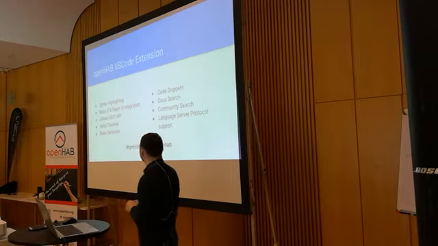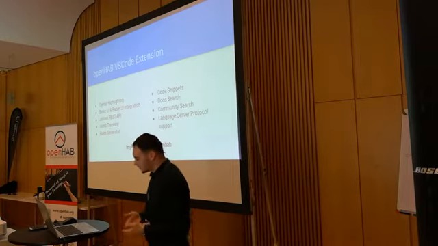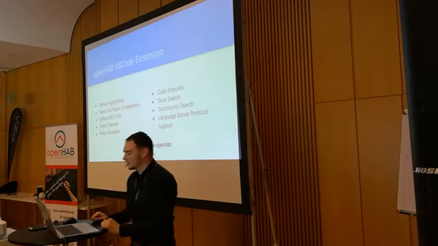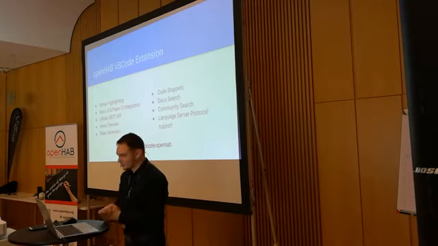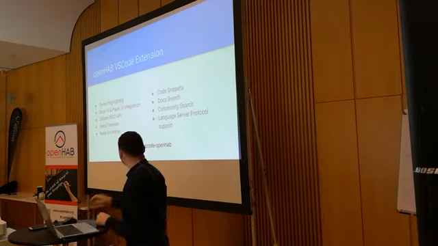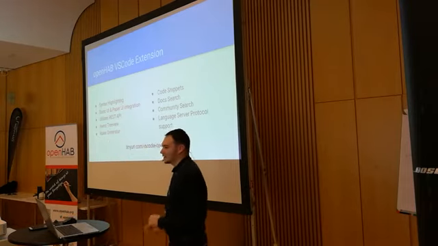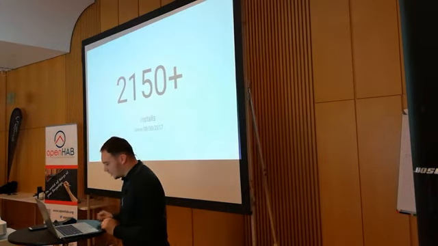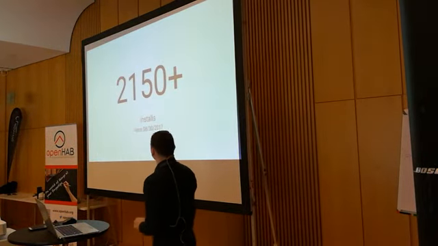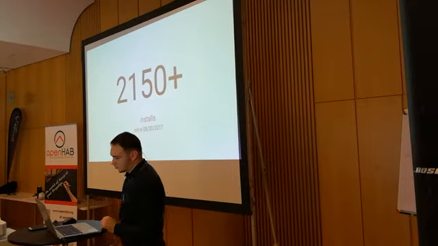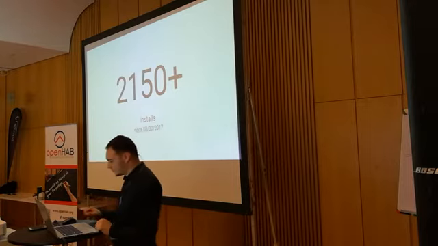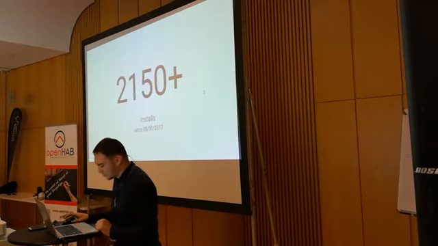It also has code snippets, documentation search, kudos to Thomas, community search, and language server protocol support, kudos to Simon. There's a URL where you can download this extension. And so far it was installed over 2,150 times. So that's a big deal for me.